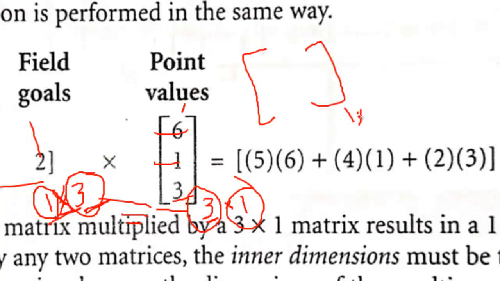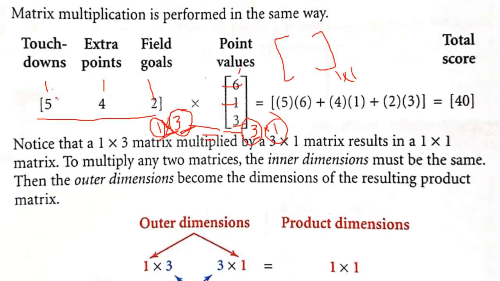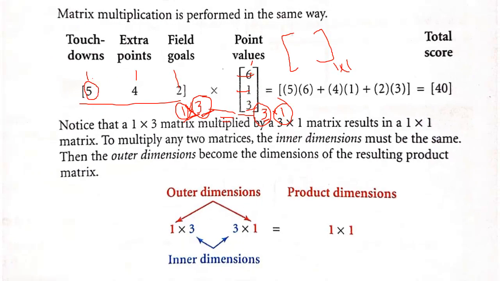So how are we gonna do the multiplication? The easy way is the first number times the first number, plus the second number times the second number, plus the third number times the third number. So the numbers on the row are multiplied by the numbers in the column. 5 times 6 equals 30.